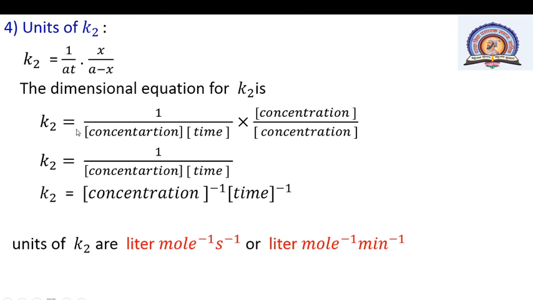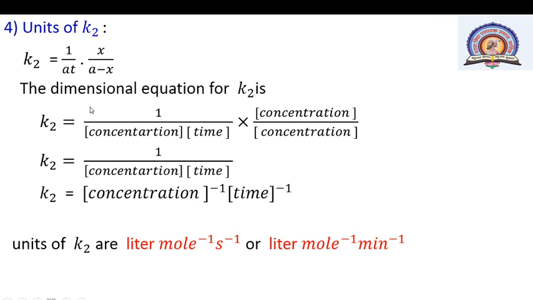Then the fourth characteristic is the units of k2. As we know this equation, k2 is equal to 1 upon a into t into x upon a minus x. Now this is an integrated rate equation of a second order reaction with equal initial concentrations.